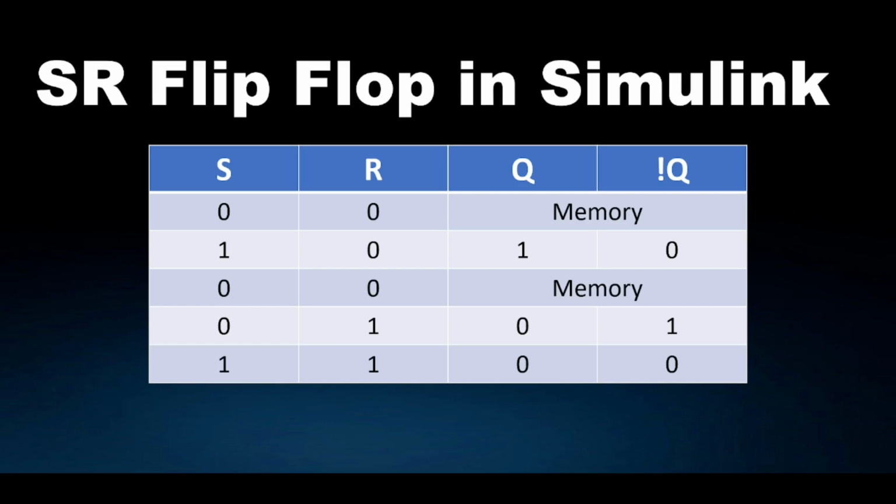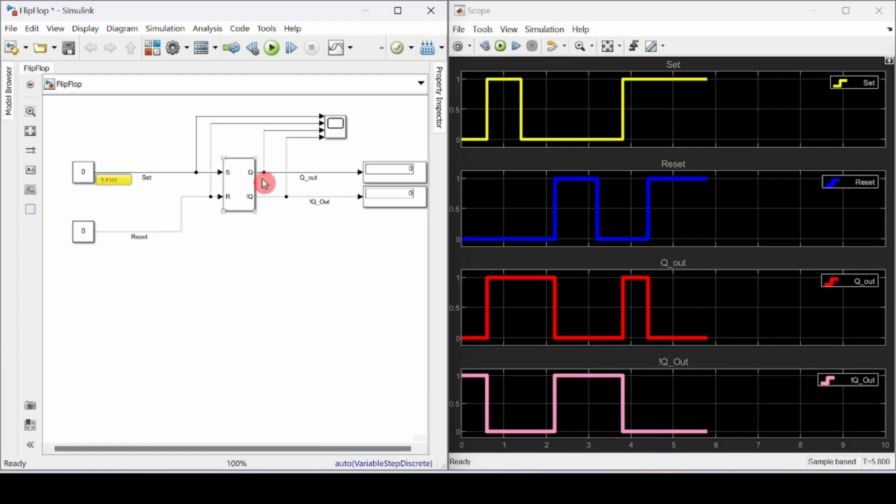Here we are having the truth table of SR flip-flop in Simulink. So before going through this truth table, we'll discuss how SR flip-flop looks like. So here I'm having SR flip-flop.